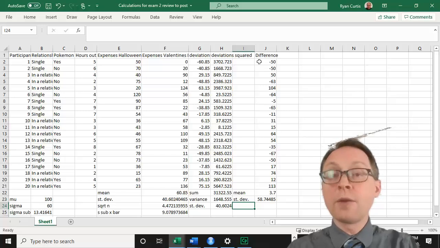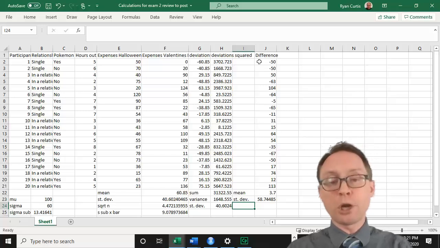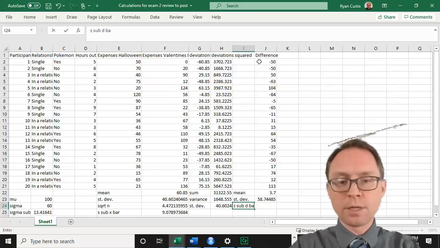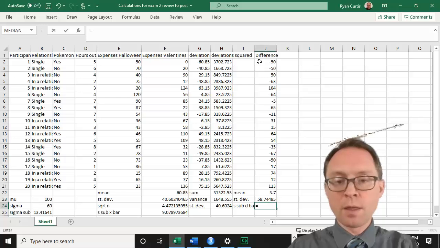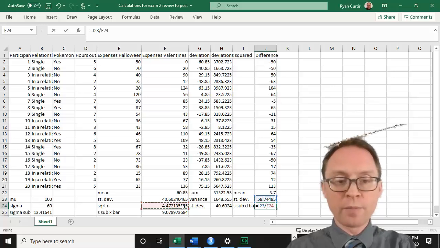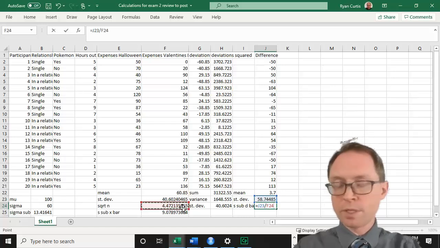Then we need S sub D bar, which is the standard deviation divided by the square root of n. Remember, square root of n, we've done that a million times.